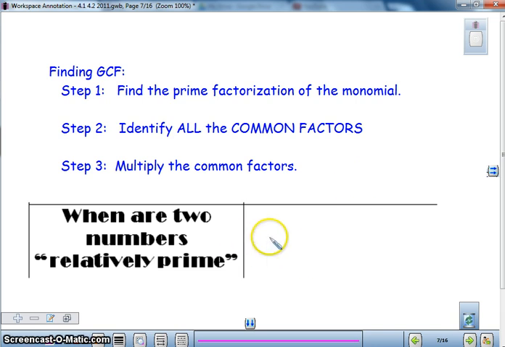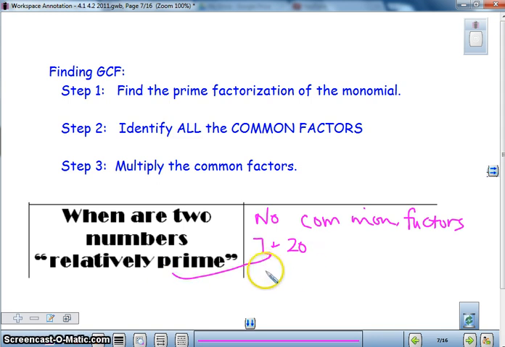And when are two numbers relatively prime? Well, they're relatively prime when they have no common factors. So if we're thinking of the numbers 7 and 20, they are going to be what's called relatively prime. They don't have anything in common.